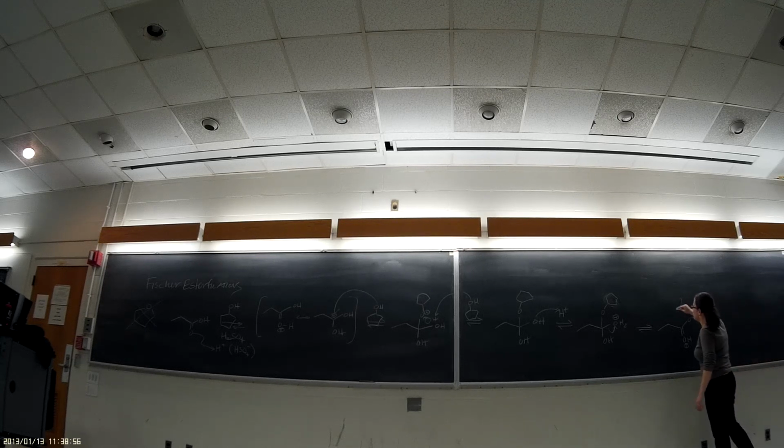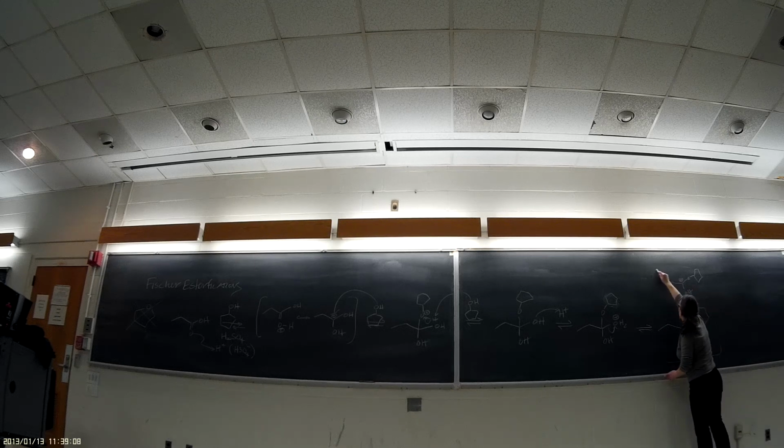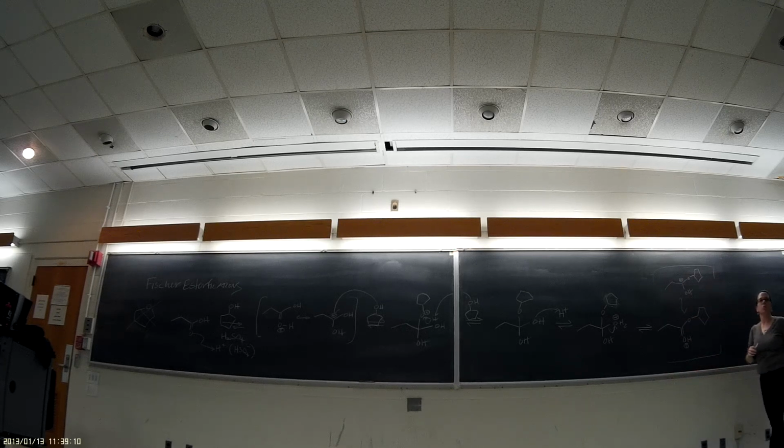So truthfully, this is the direct result, and then there's a resonance structure associated with that. Now we see we've gotten back to our carbonyl. We're good. We come out the other side, and we have formed an ester from this reaction.